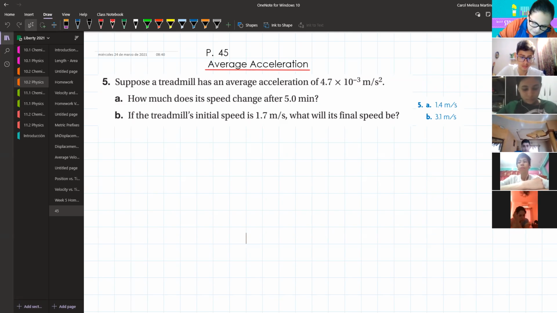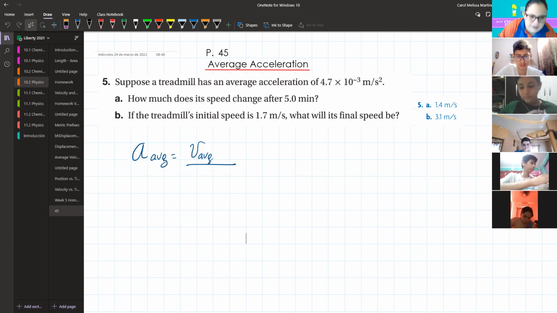The equation says average acceleration is equal to the change in average velocity divided by delta t. That is the equation that we need to focus on.